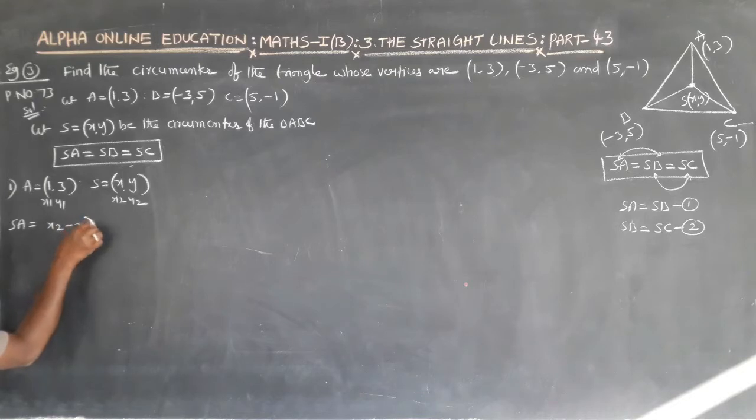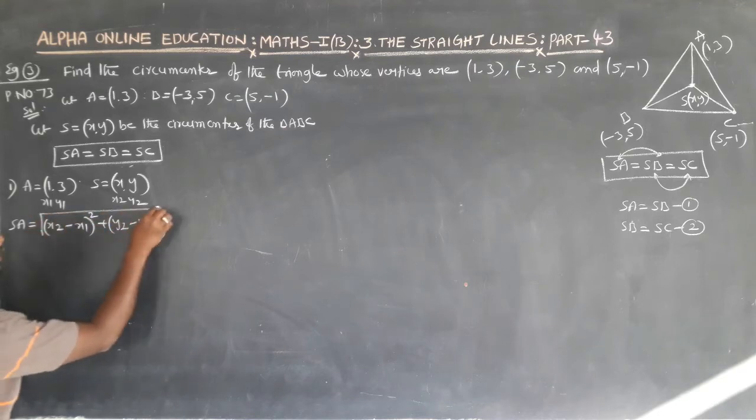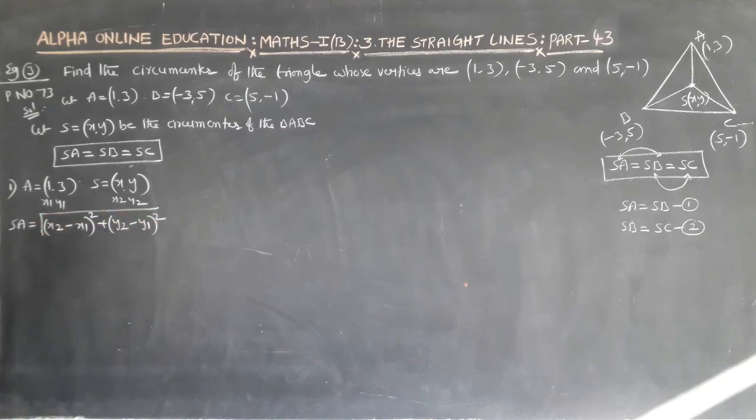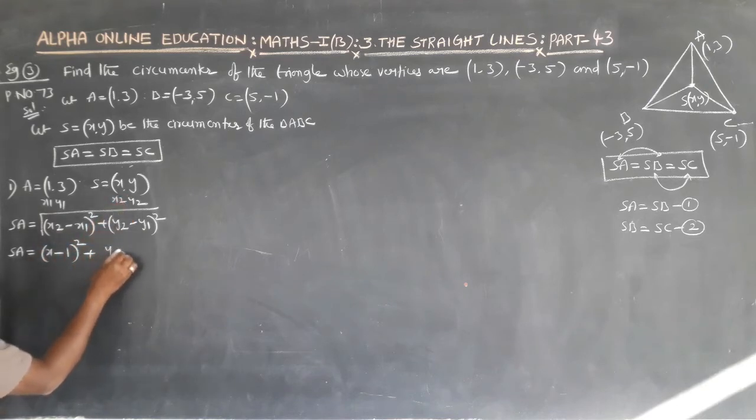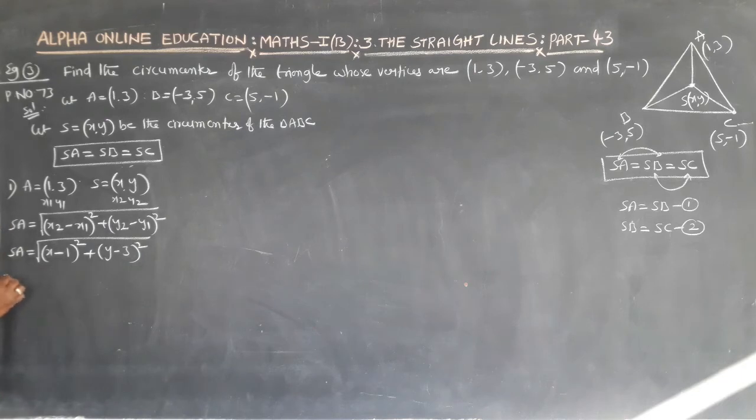SA means the distance between the two points S and A. The distance formula is the square root of (x2 minus x1) whole squared plus (y2 minus y1) whole squared, so SA is the square root of (x minus 1) whole squared plus (y minus 3) whole squared.